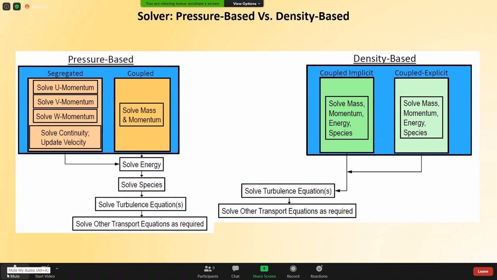I don't recommend using density-based solvers for no reason. Pressure-based solvers are a lot more robust. There is no reason to choose density-based solvers for a problem which doesn't need to do anything specific with the thermodynamics of the flow inside.